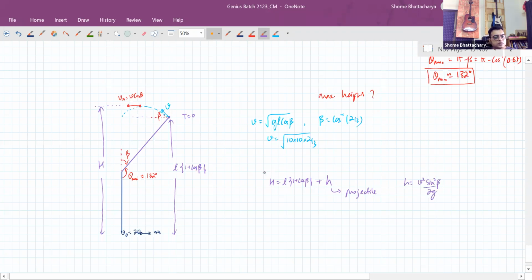Or another way to calculate this is to apply conservation of mechanical energy from start to the highest point.